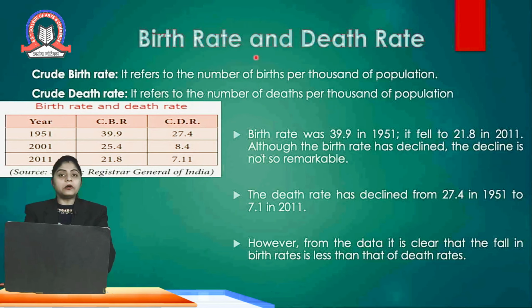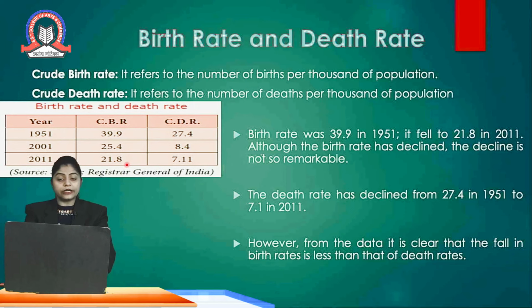If I talk about the birth rate and death rate, we are measuring the number of births per thousand of population and the number of deaths per thousand of population. In this chart, we can see the birth rate was 39.9% in the year 1951. Later on, it fell to 21.8% in 2011.